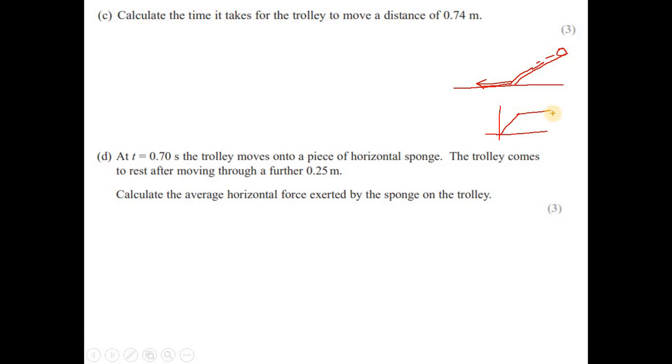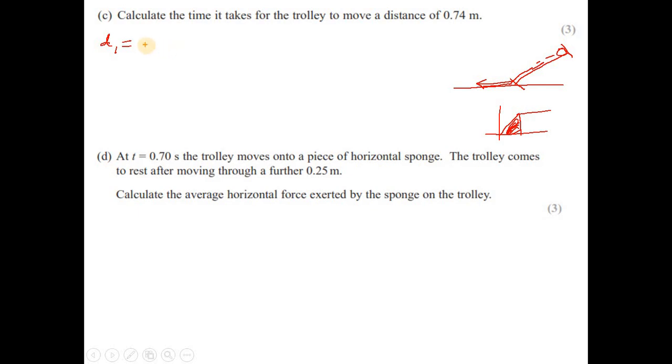So what I'm going to do, I'm going to find first the distance when the trolley is moving on the ramp. That means I'm going to find the length of the ramp or distance traveled on the ramp, and this distance clearly will be the area under the graph, this region. So this region will give you the length of the ramp. So this is a triangle, so I can find D1, which is the length of the ramp.